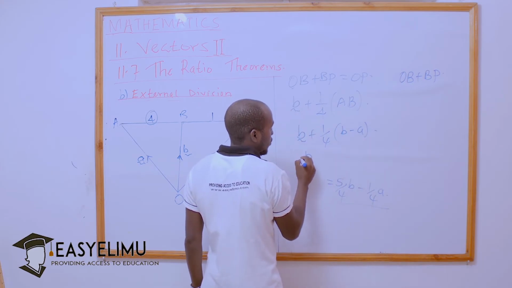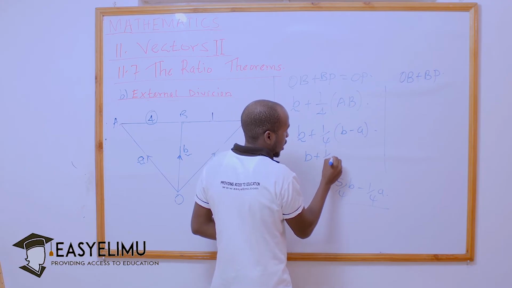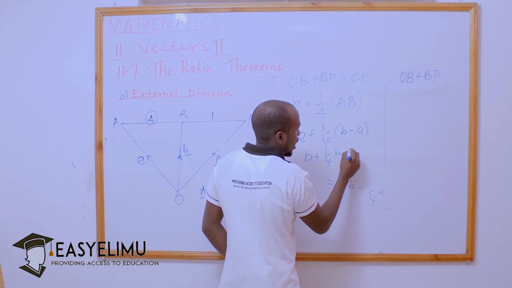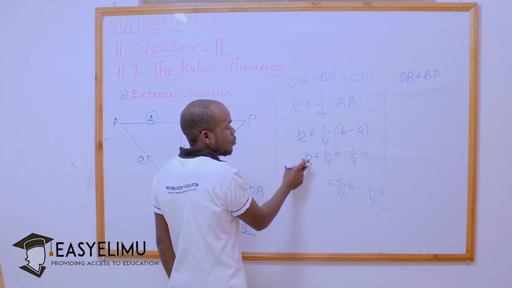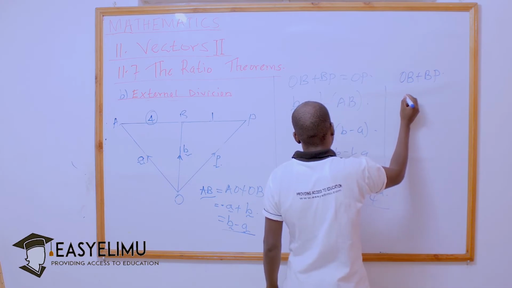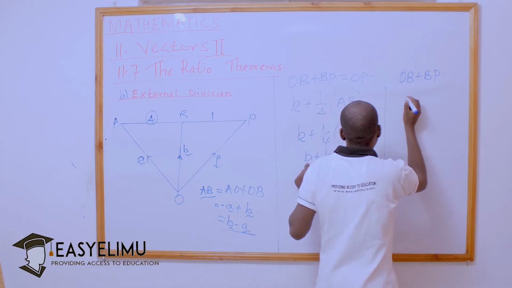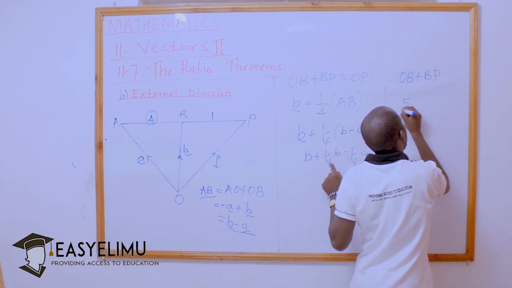So it is B plus a quarter B minus a quarter A. And if you take B plus a quarter B, B is the same as 1. So 1 plus 1 over 4, you will get 5 over 4.